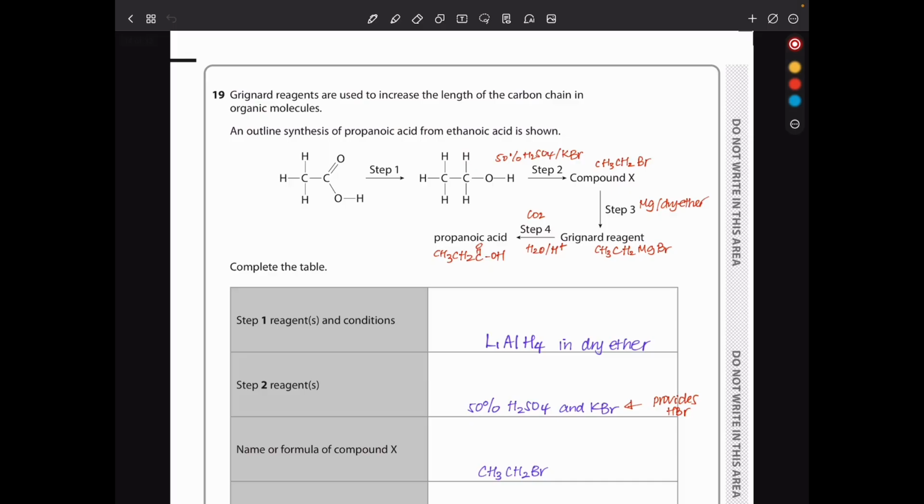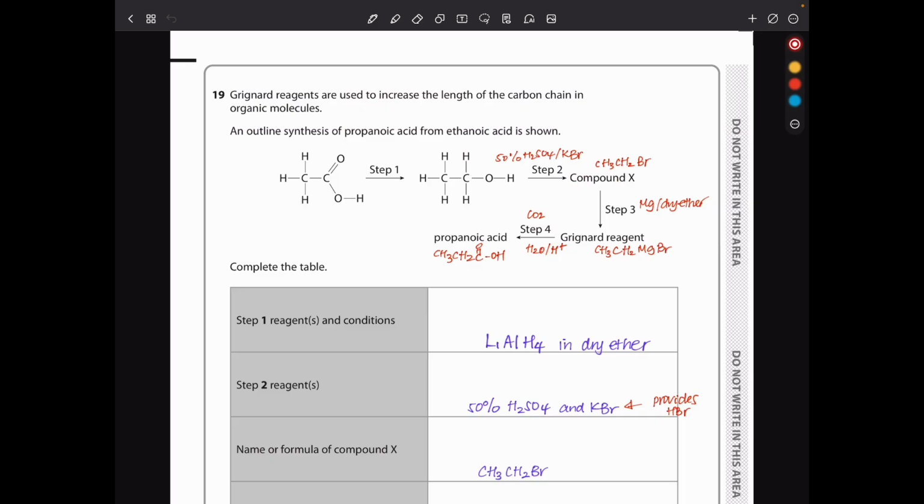Then in question 19, Grignard's reagents are used to increase the length of carbon chain in organic molecules. An outline synthesis of propanoic acid from ethanoic acid is shown. Propanoic acid has one extra carbon than ethanoic acid, and we see in the steps there is Grignard's reagent, so there should be a halogenoalkane, more so in this step here.